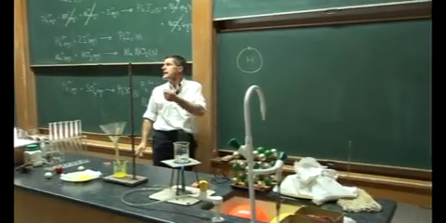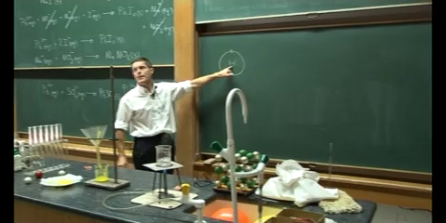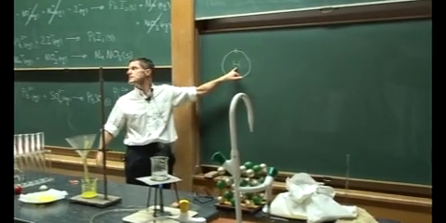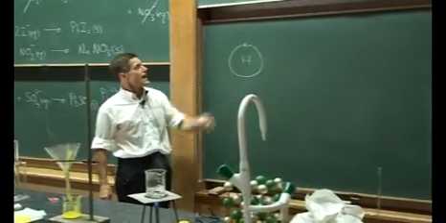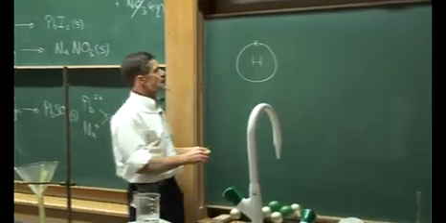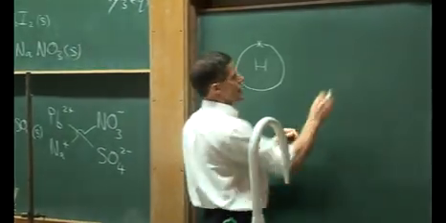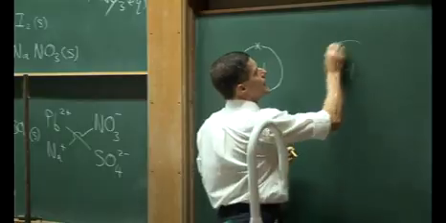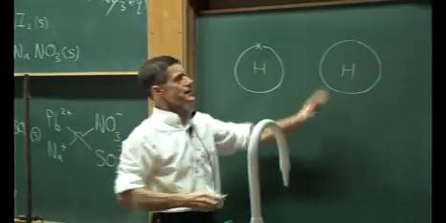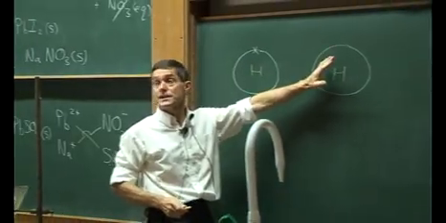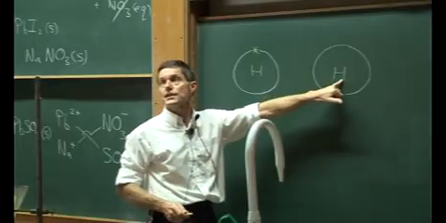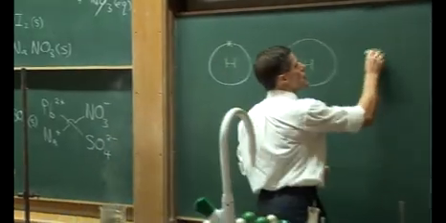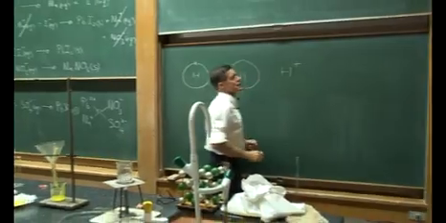A hydrogen atom has one electron. There is one proton in the nucleus. It's atomic number 1. If by some means I remove that electron, I will end up with something that has no electrons associated with it, but one proton in the nucleus, and so overall I have a positive charge.